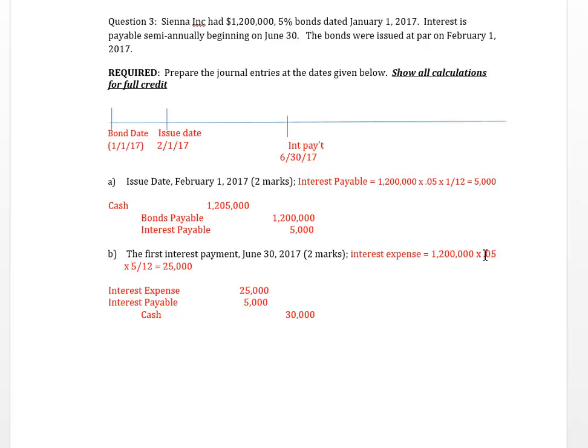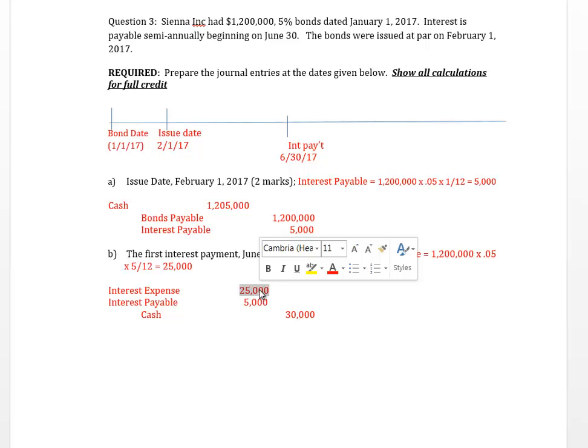Don't forget, this 5% here is for 12 months. We only want to calculate interest expense for the period that the bond is outstanding with investors, which is from February to June, and that's going to be 5 months of 12. That's $25,000. So we're going to debit the interest expense.